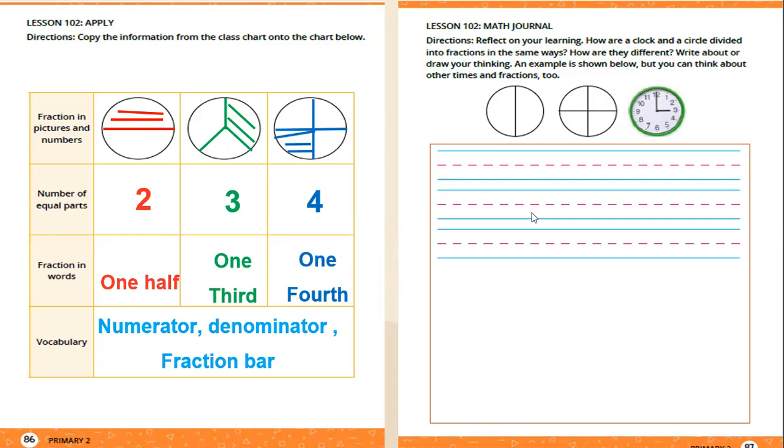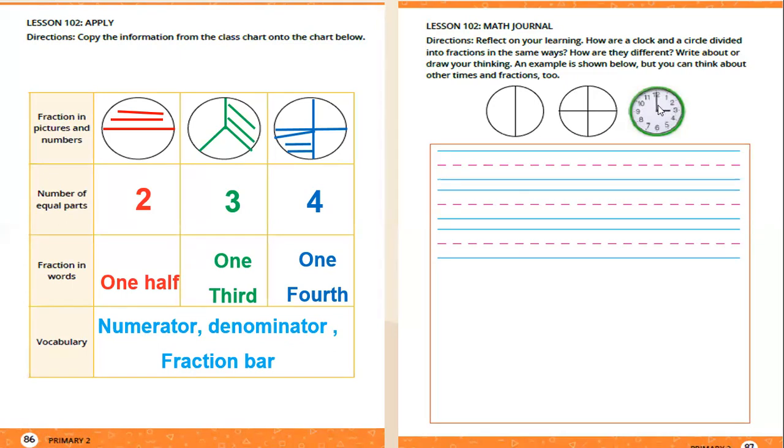Now the math journal part, reflecting your learning. How are a clock and a circle divided into fractions in the same way? Look carefully at this clock. It may be divided into 4 equal parts, right?